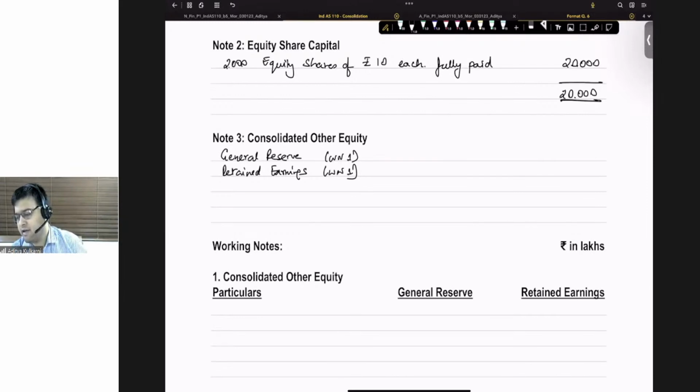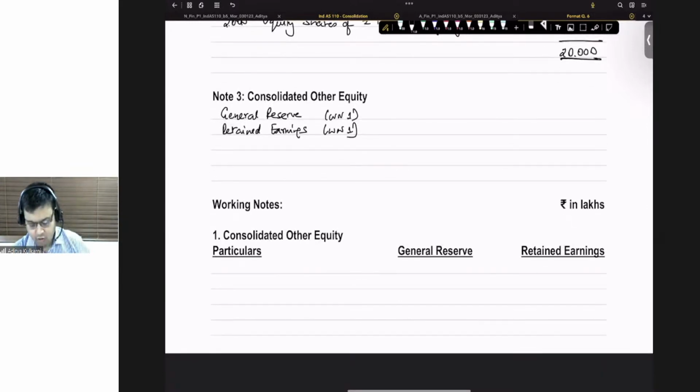So we will be solving working note 1. Working note 1 deals with consolidated other equity. For each item of reserve, you will have a separate column. So securities premium, general reserve, retained earnings.